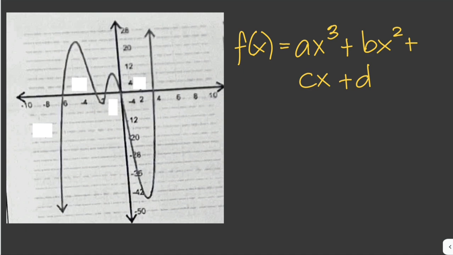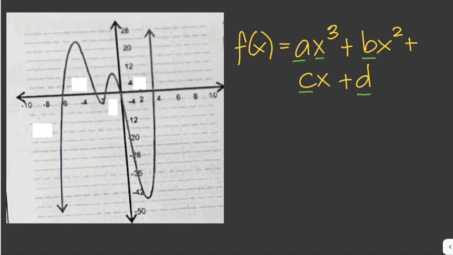Now, polynomials contain terms that are made of constants, coefficients, and variables. Let's say our polynomial or function is f of x equals ax cubed plus bx squared plus cx plus d. So the coefficients here, a, b, c, are placed in front of the variables, and our variables here are x cubed, x raised to the power of 3, x raised to the power of 2, and x.